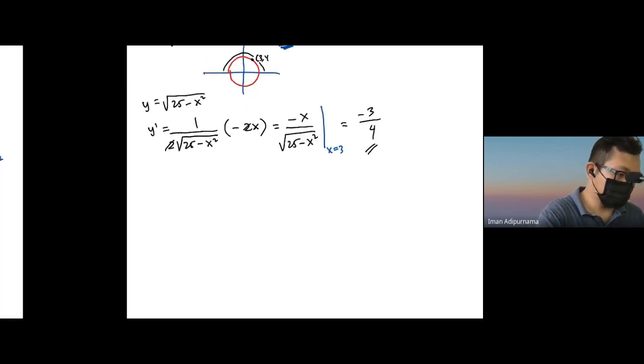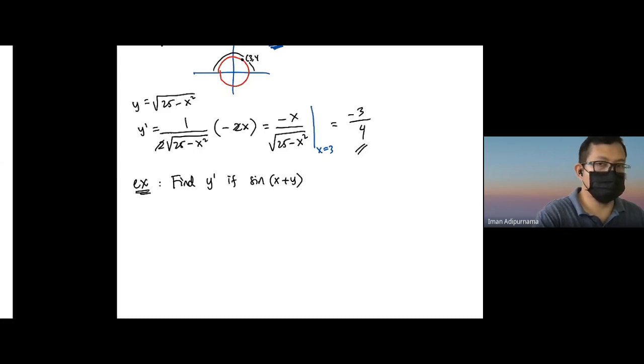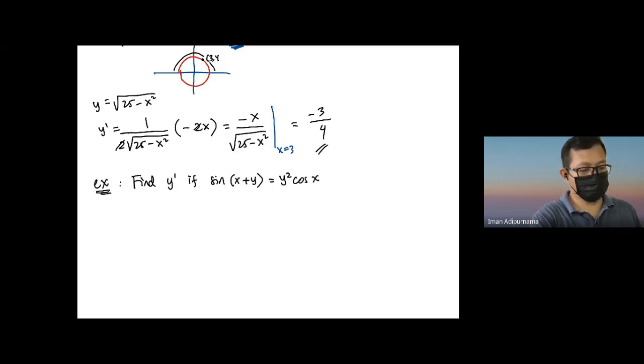Maybe we can have another example. Find y prime if sine of x plus y equals y squared times cosine x. It seems a little bit complex, but let's see whether you can see how to solve this.